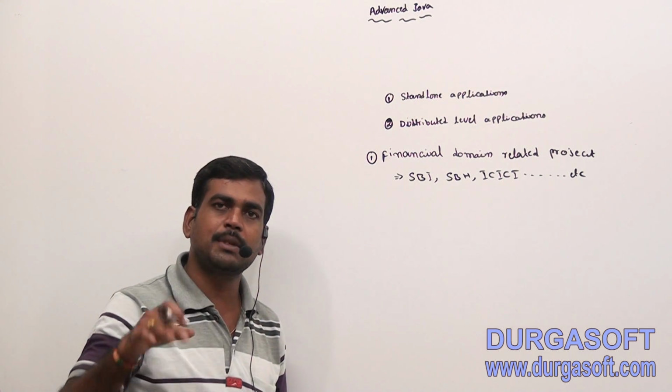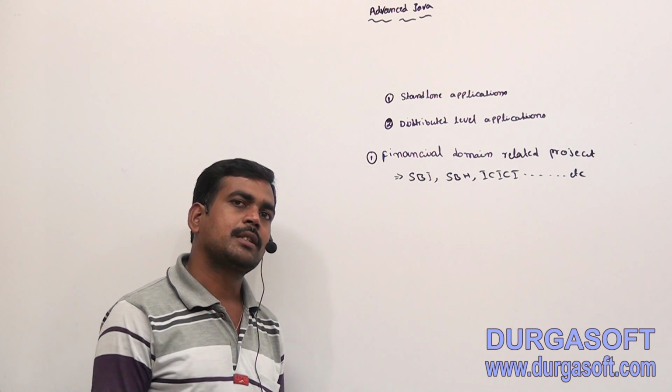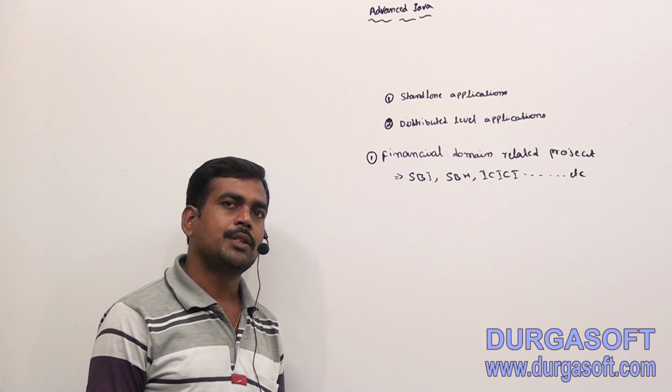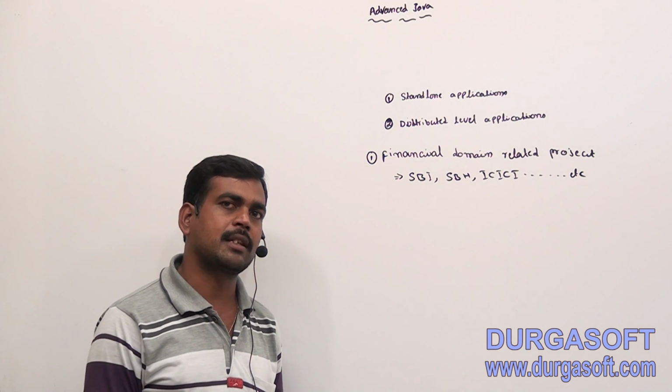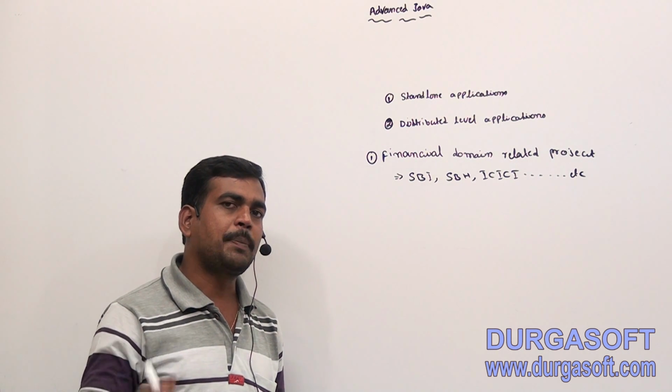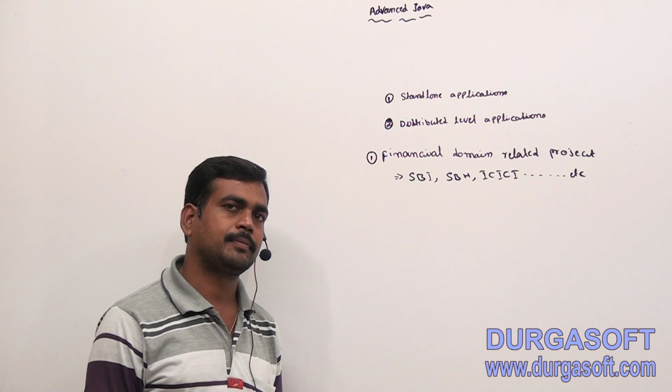Different ATM machines are there. Each and every ATM machine has a separate application. Those applications are going to be communicating to the main server called the bank server. Such types of applications we call distributed level applications.